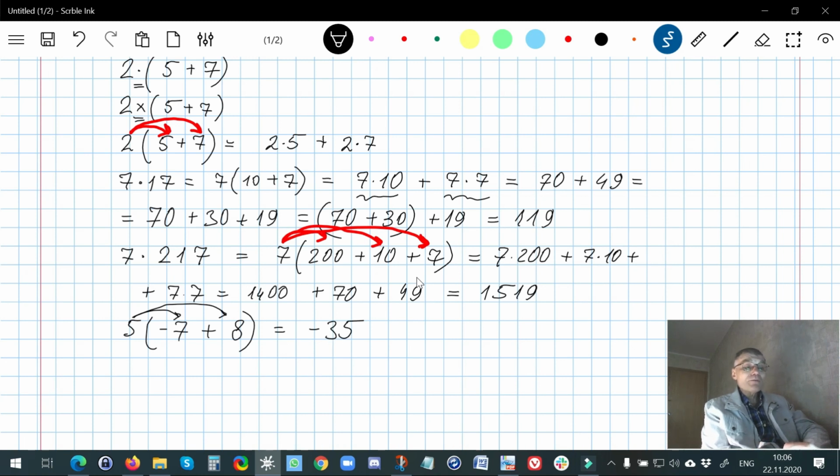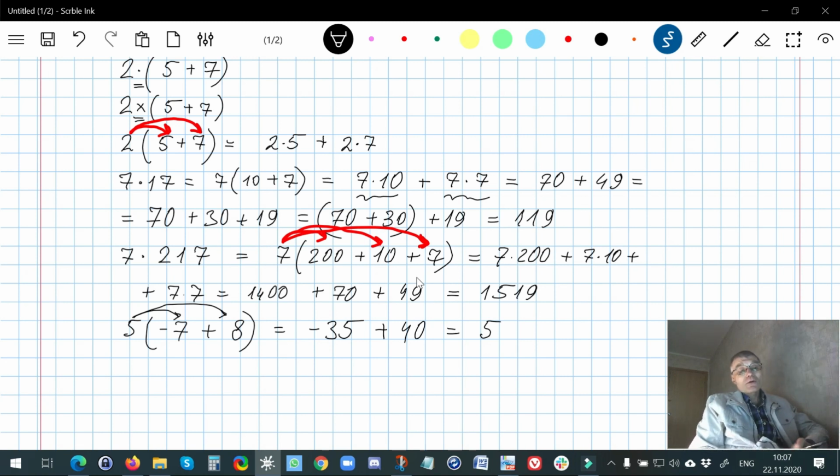And 5 times 8, 5 multiplied by 8 is positive 40. That is it. Actually, of course, the answer is 5 again, and it would be easier to perform the addition. But we're not after the addition.